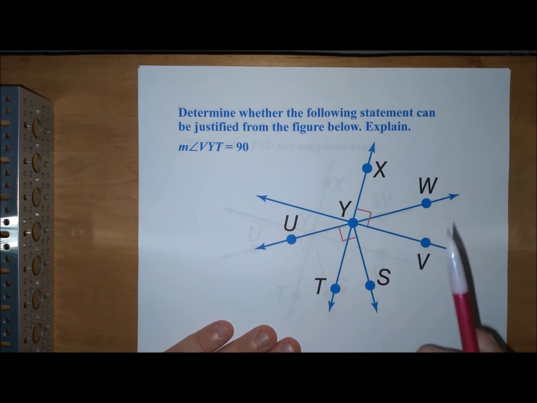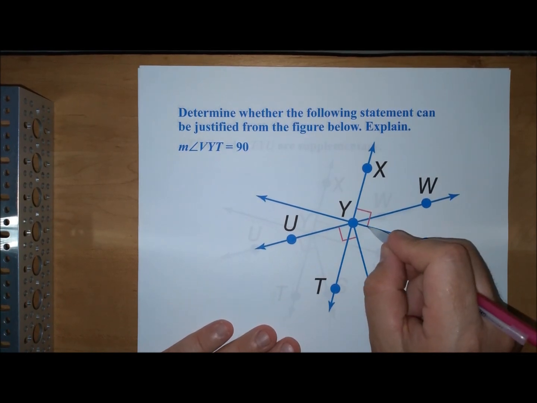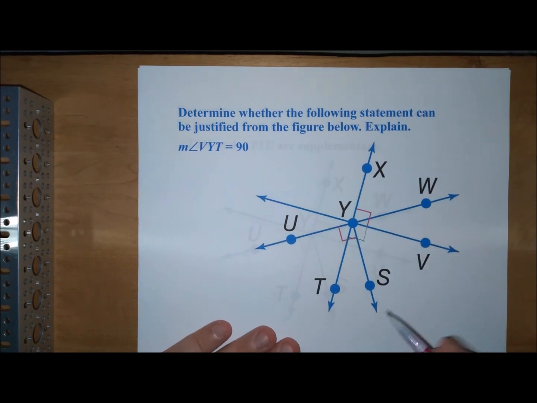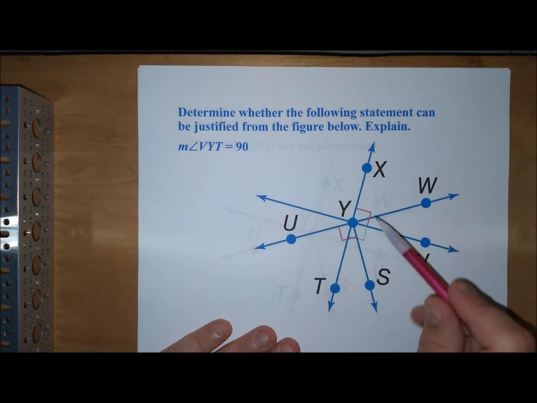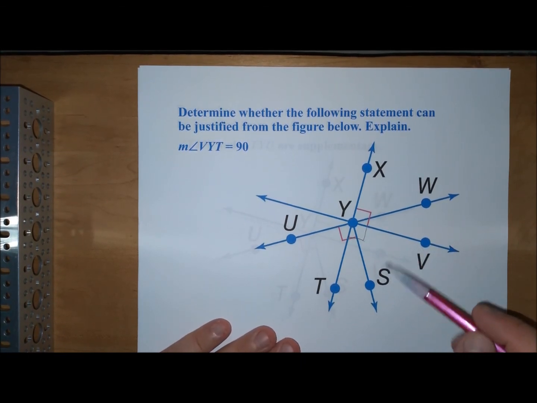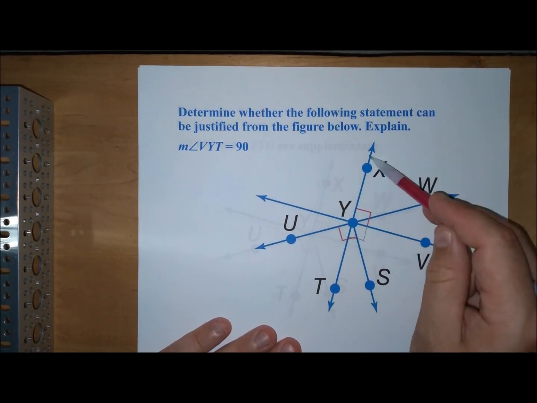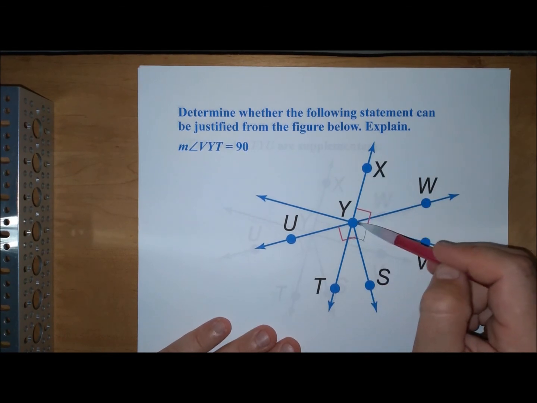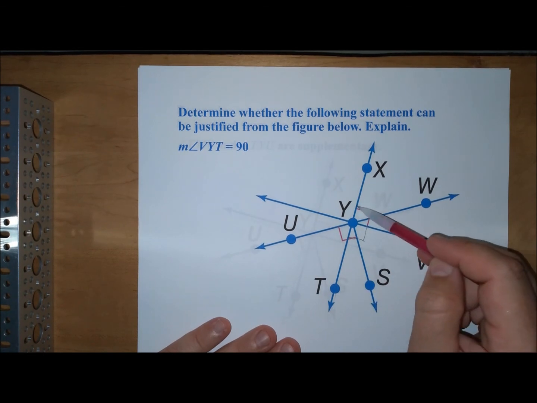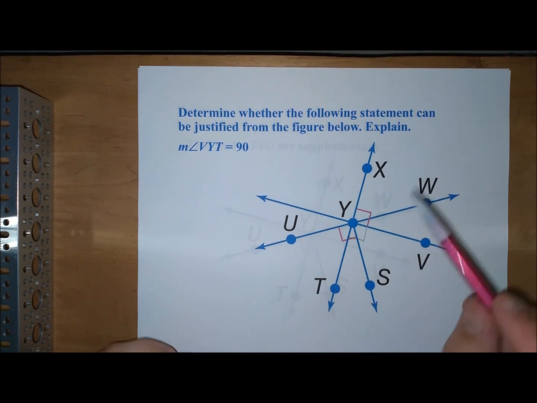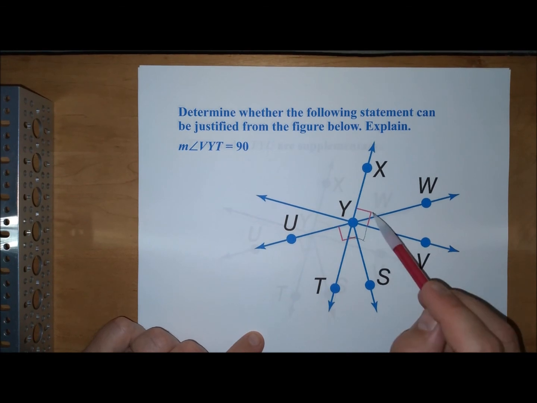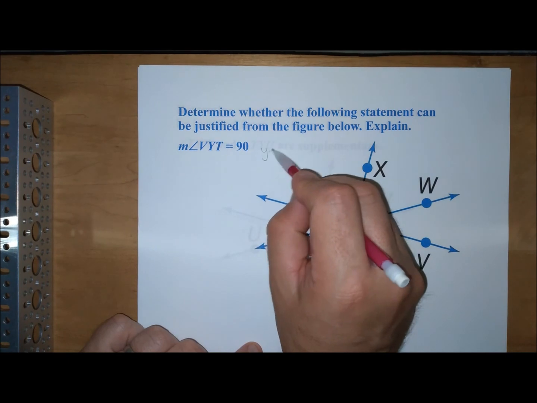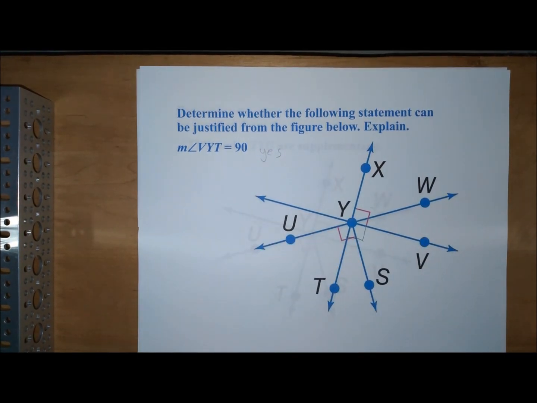And from that, I can conclude that this must be a right angle as well, because perpendicular lines form adjacent congruent angles. You could also say if that's 90 and this is a straight line, then these angles have to be supplementary, so they'd have to be 90 and 90. So even though it's not specifically marked, from the other information that is marked, I can conclude that yes, the measure of angle VYT is 90.